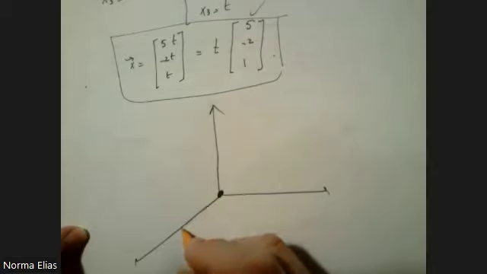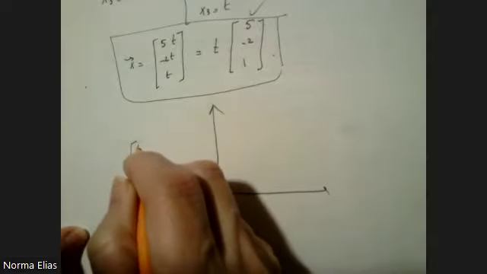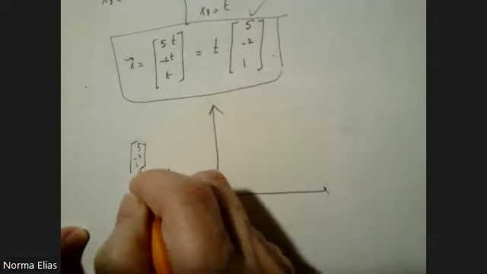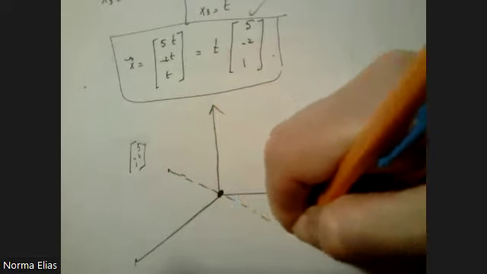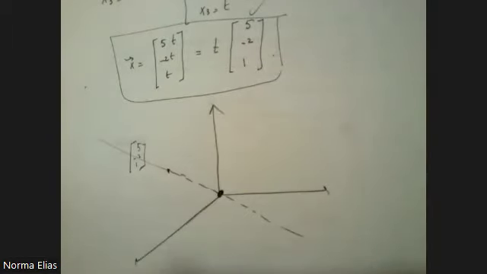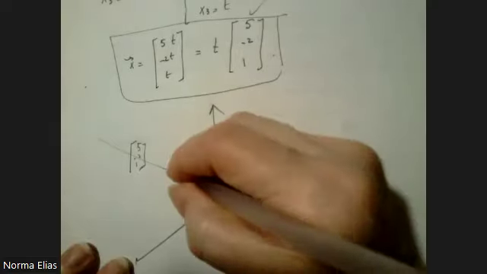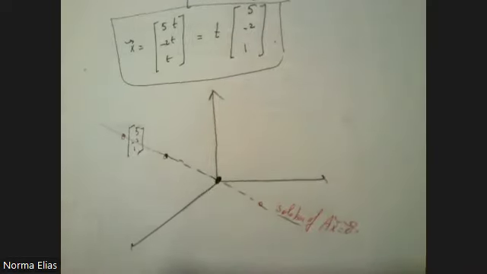If I take the vector 5, a little bit minus 2, 1, which is somewhere in here, then every solution is on this line, because you take this vector and scale it. So you can visualize this line as the solution of Ax equal to 0. This is a solution, twice is a solution, minus is a solution, everything here is a solution.